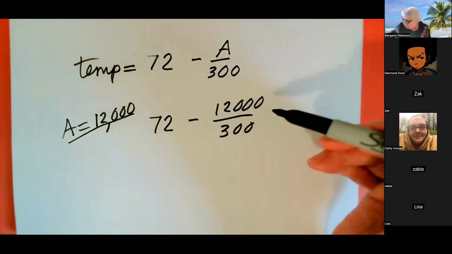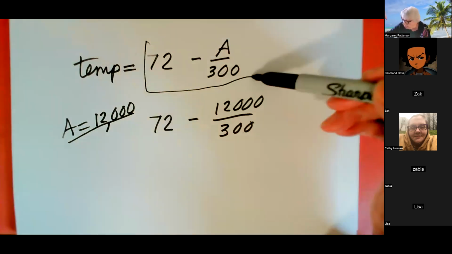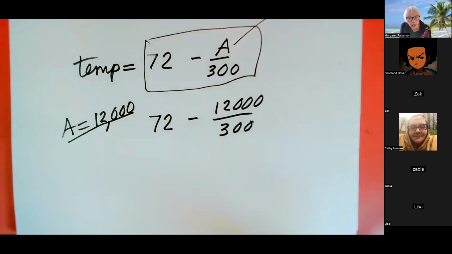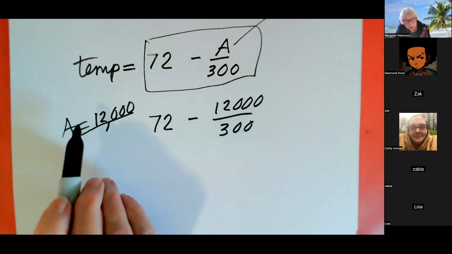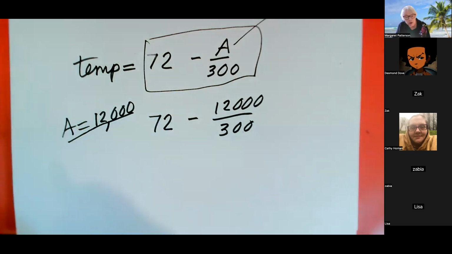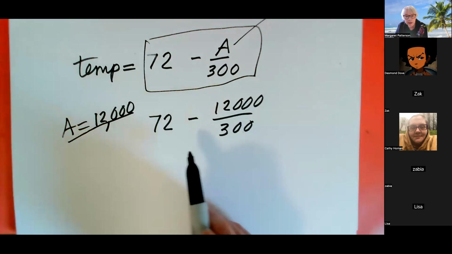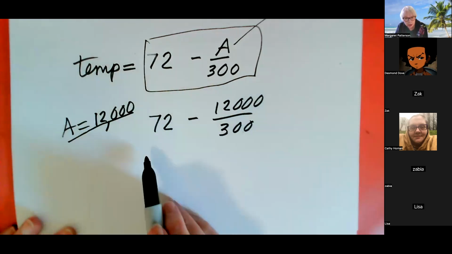This formula, you can't come up with an answer until you know the A, and although they didn't specifically say its altitude is 12,000, they said the height was 12,000. And so this is the computation you need to do.